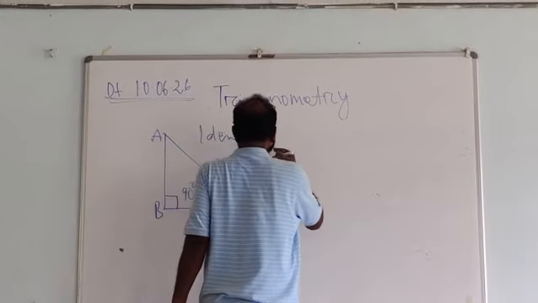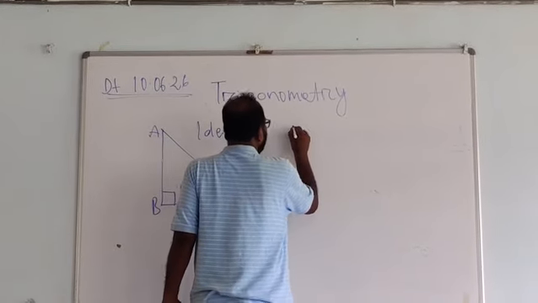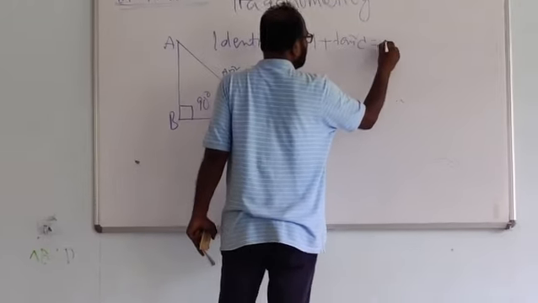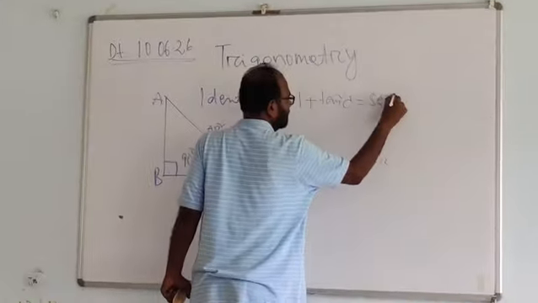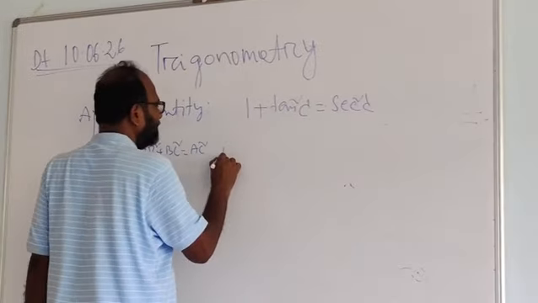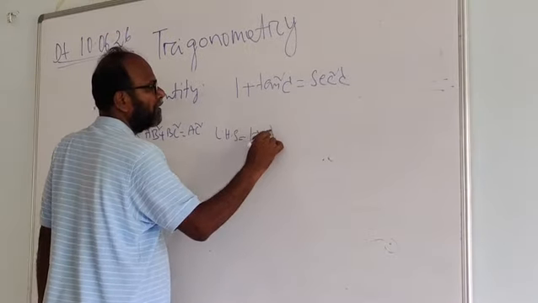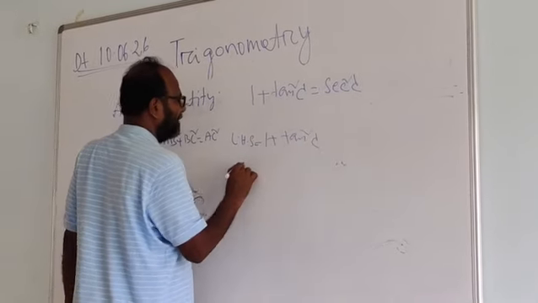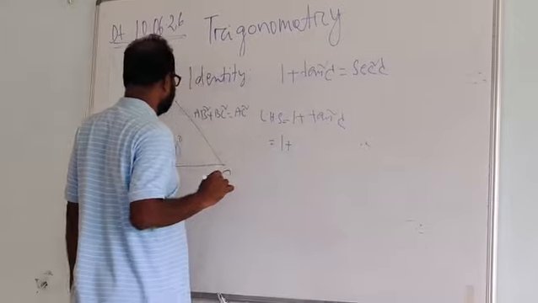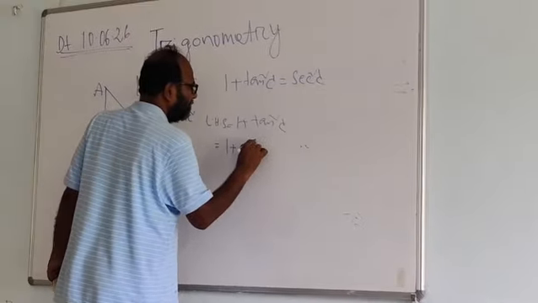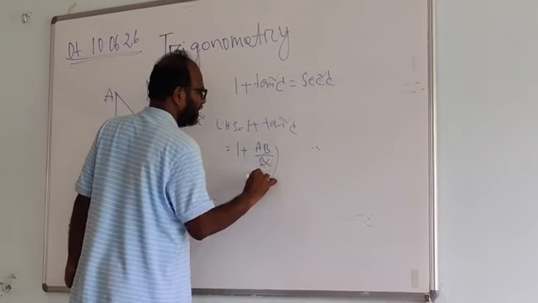Okay. Now identity 2, 1 plus tan square C is equal to sec square C. So LHS is 1 plus tan square C, which is 1 plus AB by BC square.